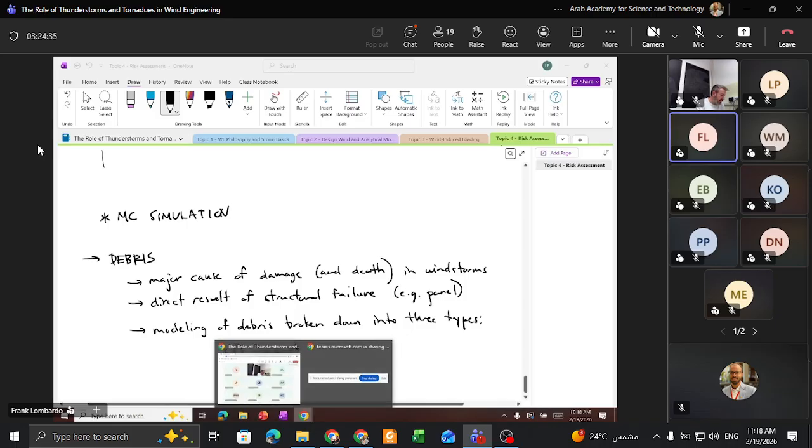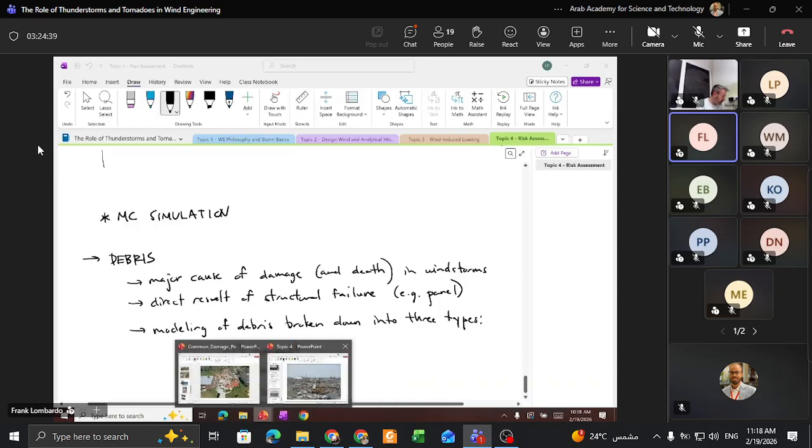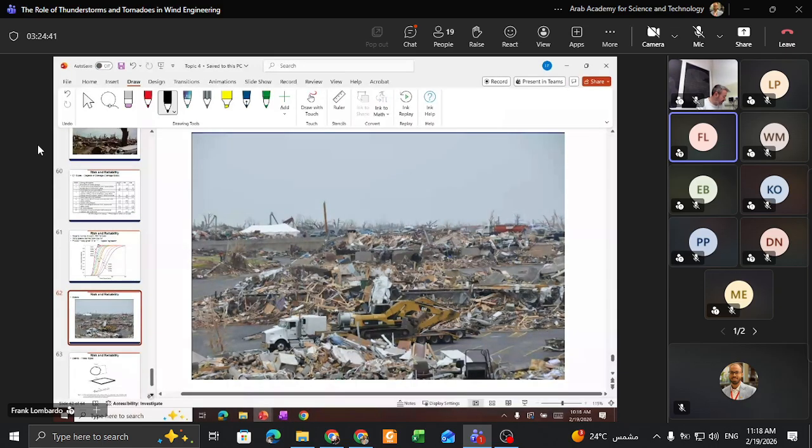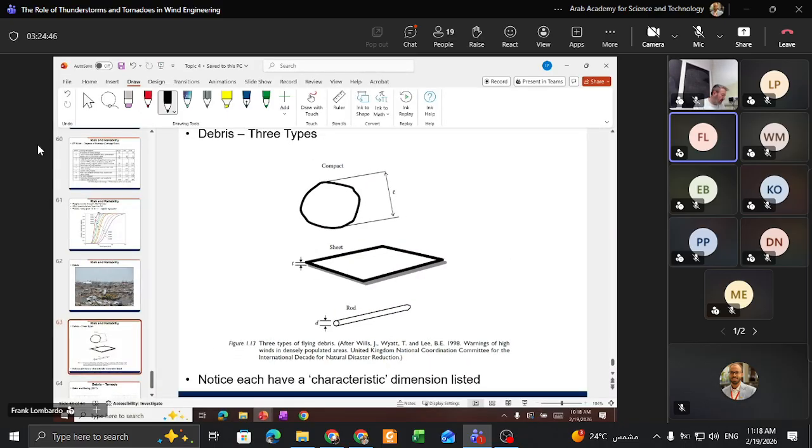If you look in any textbook, typically debris is not given super detailed treatment, but what you'll see is something that looks like this. You have basically three types of debris: compact, sheet, and rod-like debris. Each of those, notice too, has some characteristic length dimension or length scale associated with it.